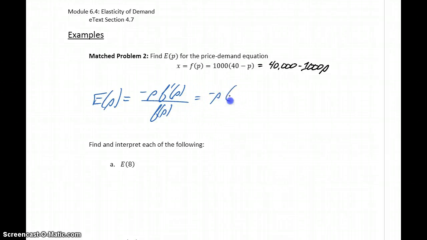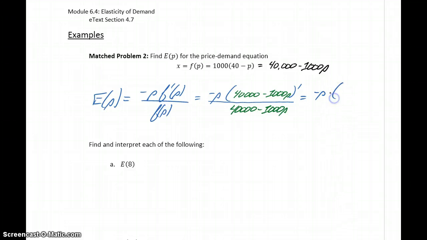So negative p times the derivative of 40,000 minus 1,000p over, excuse me, over 40,000 minus 1,000p.